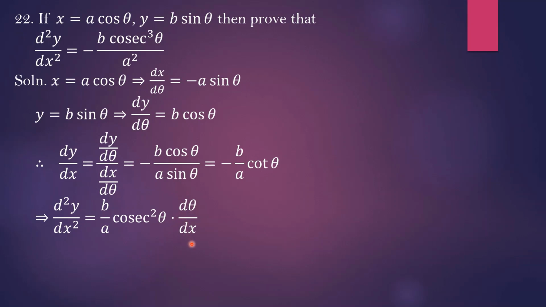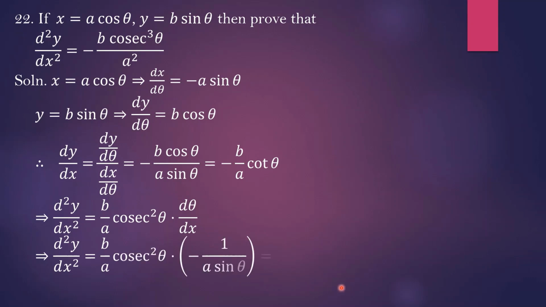Now you are to replace this dθ/dx value. Look at the lines above: there we have dx/dθ, so the reciprocal of it gives dθ/dx. The reciprocal means it is minus 1 by a sin theta, so we put that here. d2y/dx2 is equal to b by a, cosec square theta remaining the same, into minus 1 by a sin theta.